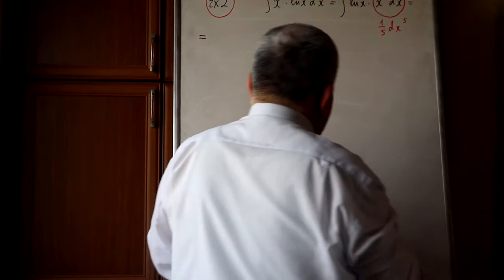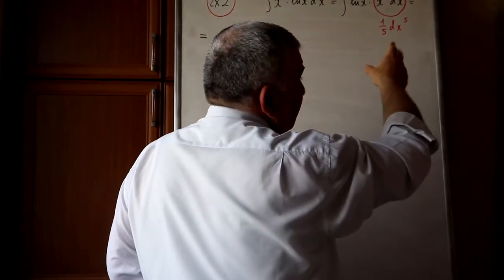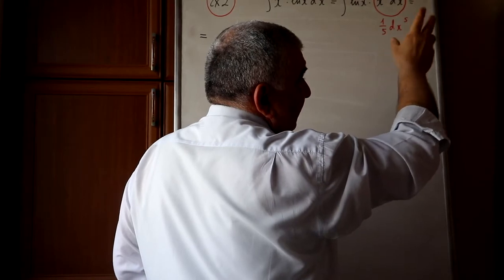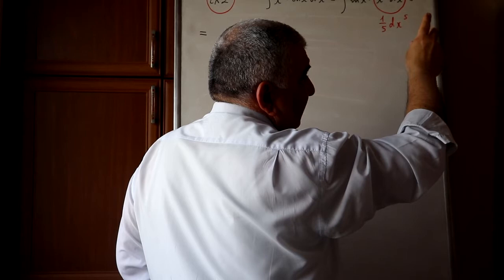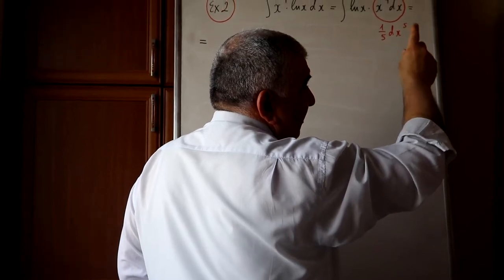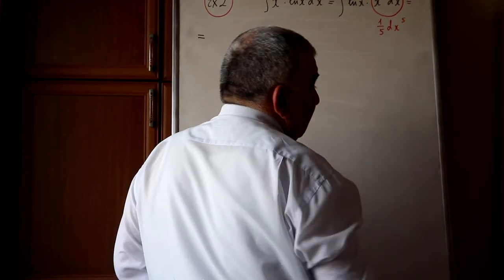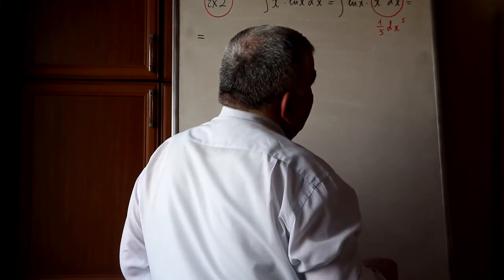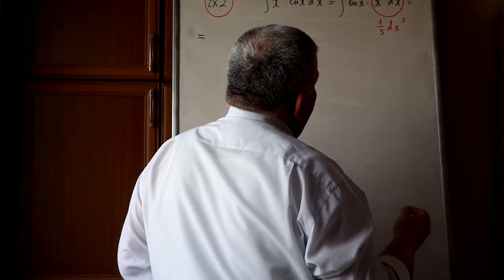You can check this formula, because d of x to 5 is x to 5 prime multiplied by dx. x to 5 prime is 5 multiplied by x to 4. 5 and 1/5 are simplified, and then we will have only x to 4 dx.